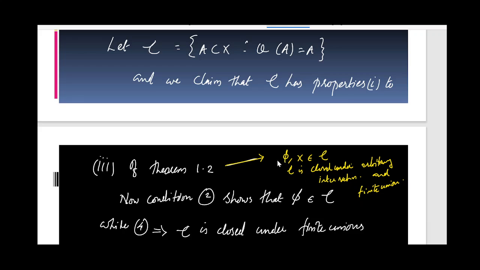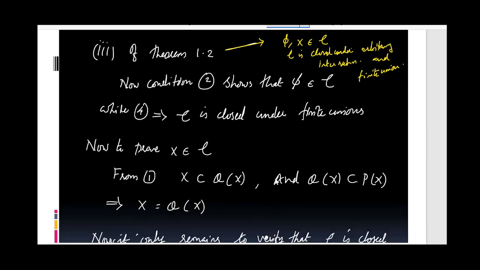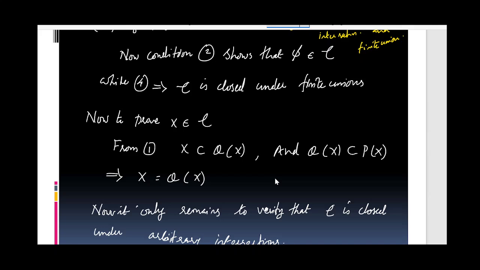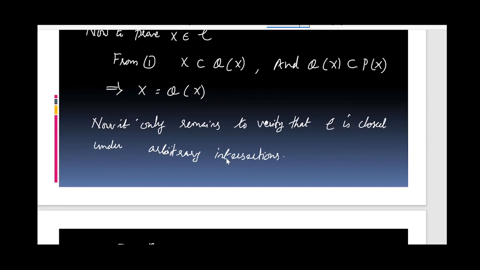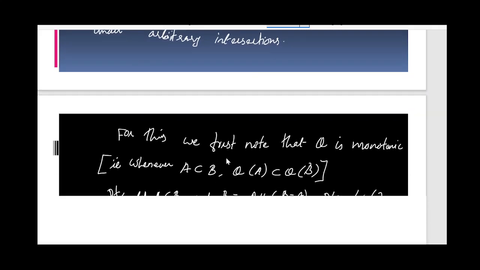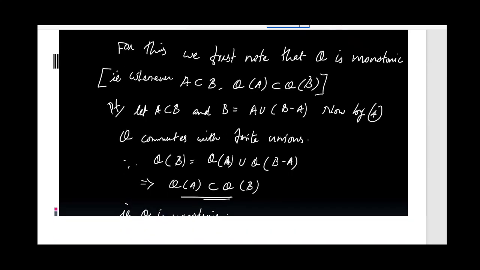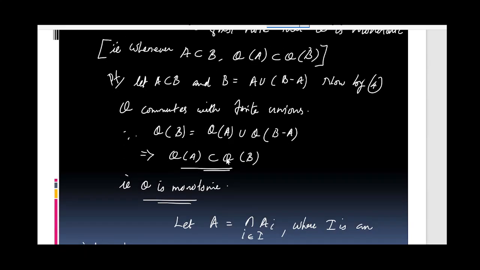So we will claim that this C satisfies these three conditions. At first we have seen that the empty set belongs to C because, given that, the empty set is a fixed point. Now we have shown that X also belongs to C, since X is equal to theta of X. Next we show that it is closed under arbitrary intersections. For that, first we prove that theta is monotonic: if A is contained in B, then theta of A is contained in theta of B. So we have proved the monotonicity.